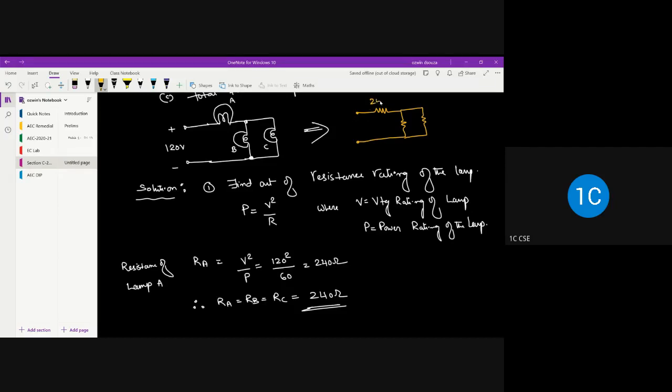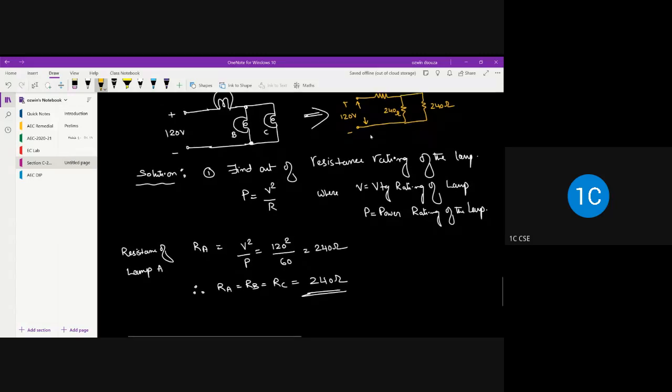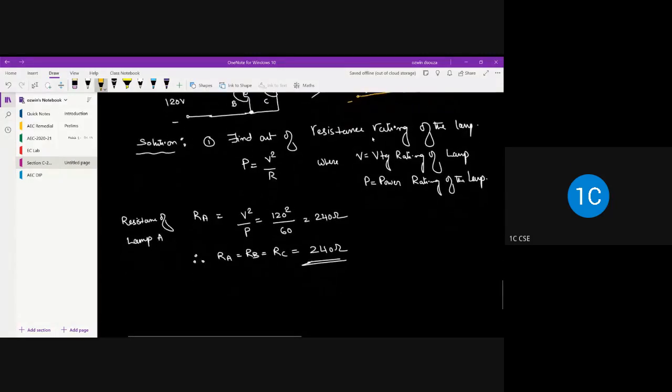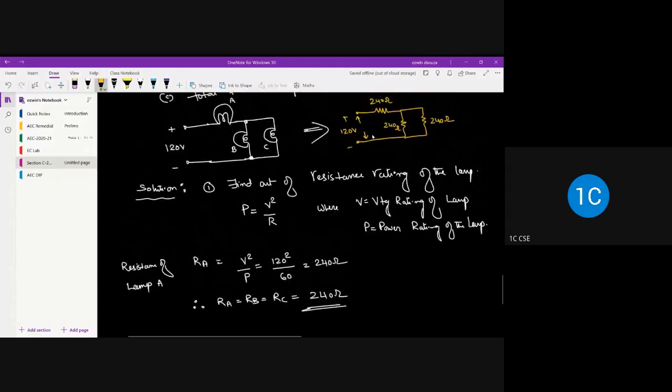This is 240 ohm, this is 240 ohm, and this is also 240 ohm, with the supply voltage being 120 volts. So you can find out the main current.